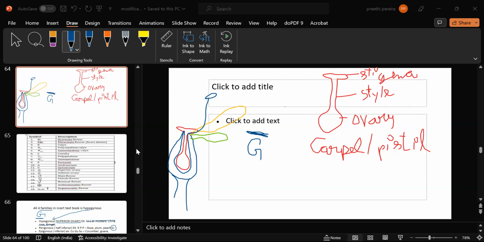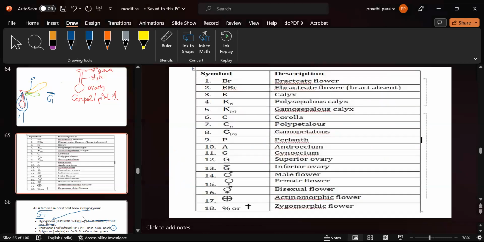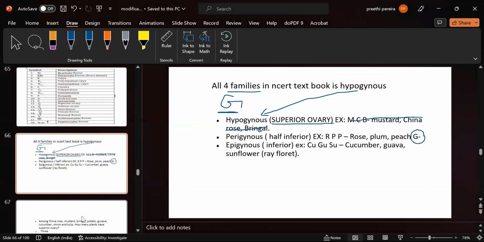This kind of flowers are known as epigynous flower, and 3 examples are there. You have to remember cucumber, guava, and sunflower. So I made a mnemonic, kugusu. Okay, cucumber, guava, and sunflower. For perigynous, RPP, rose, plum, and peach. Hypogynous, all the examples from the textbook. Got it?